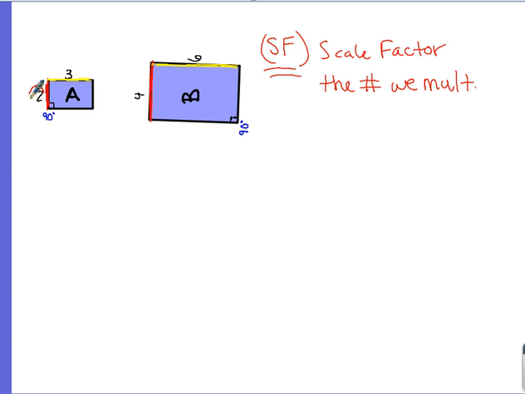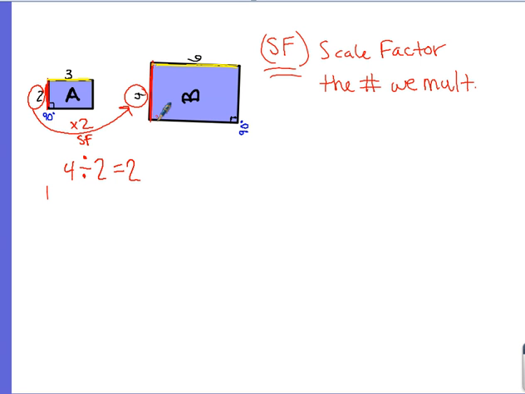So if I'm looking at 2 and I'm looking at 4, to figure out what number it was multiplied by, I could take 4 from this side and divide it by 2 from the corresponding side. Once I divide the two corresponding sides, I get the number 2, and that tells me that this side was multiplied by a scale factor of 2 in order to get the new corresponding side.